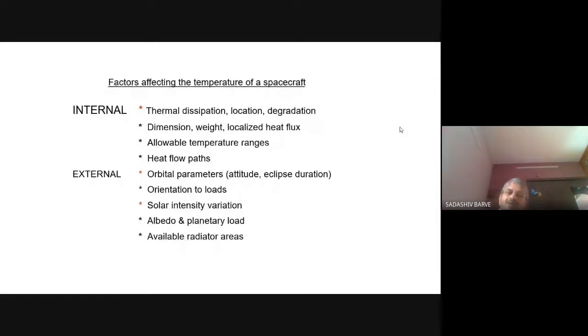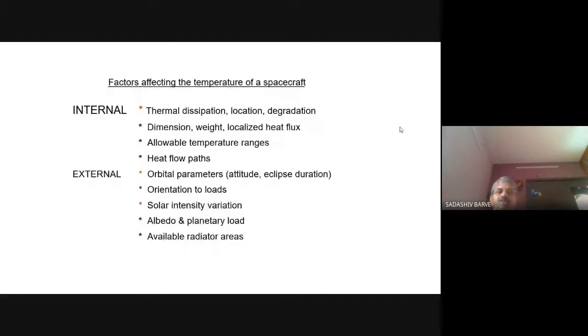The typical value for most near-Earth satellites is a range of 30 to 35 minutes, where for this near-Earth satellite, close to 95 to 100 minutes is one orbit duration. So you have an eclipse period of around 30 to 35 minutes.